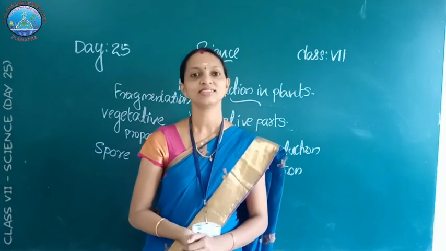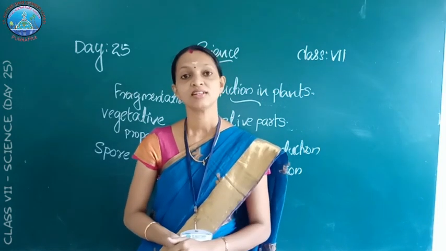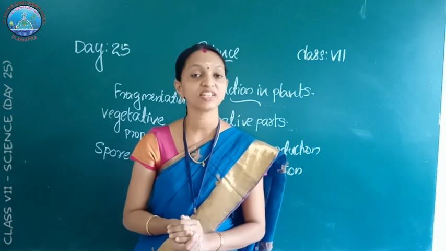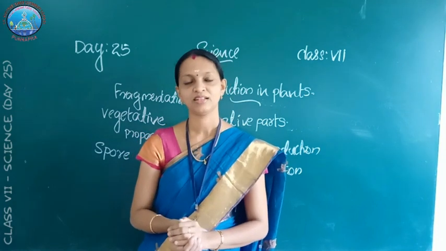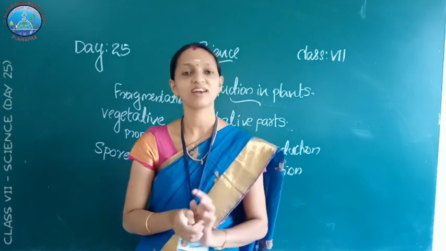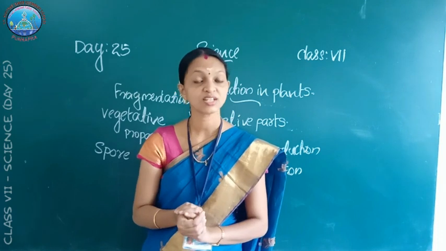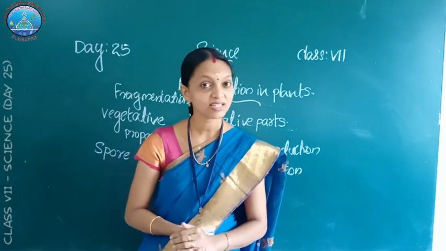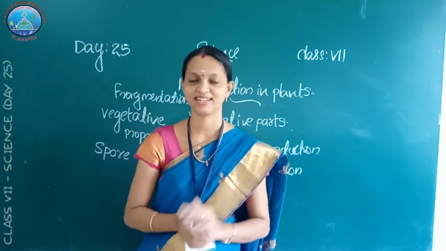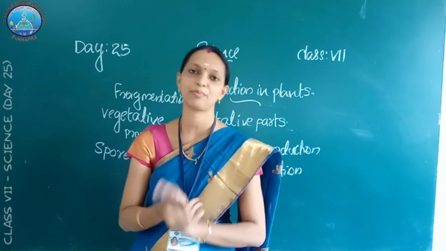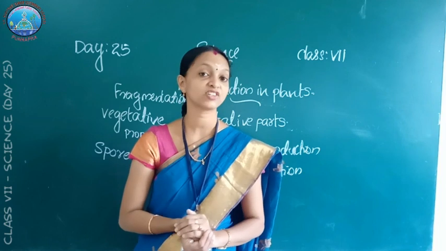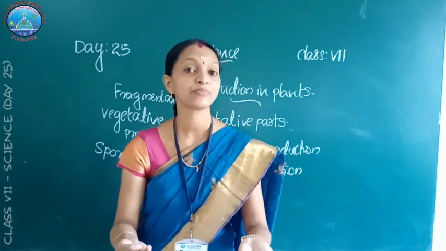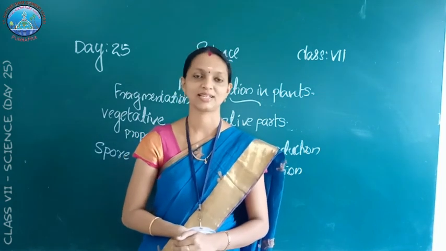Okay, dear children, today we are studying reproduction in plants. What is reproduction? Reproduction is the process by which new individuals are produced from their parents. In plants, there are several modes of reproduction: asexual reproduction and sexual reproduction. In asexual reproduction, plants produce new plants without seeds.